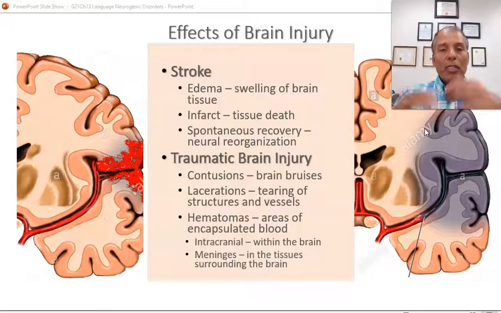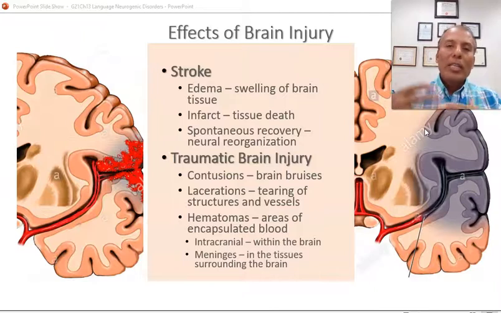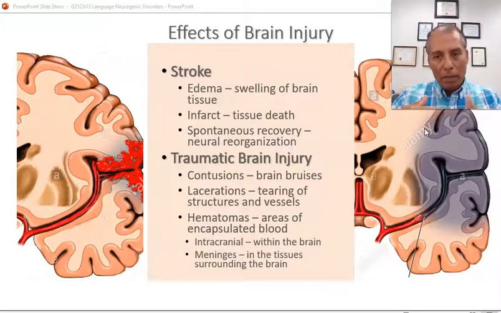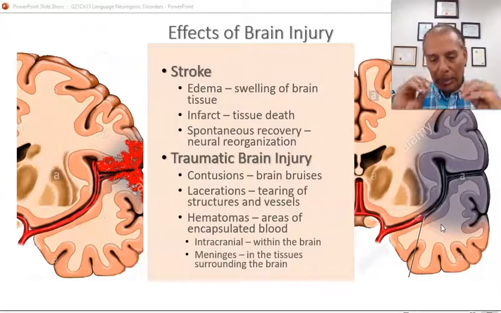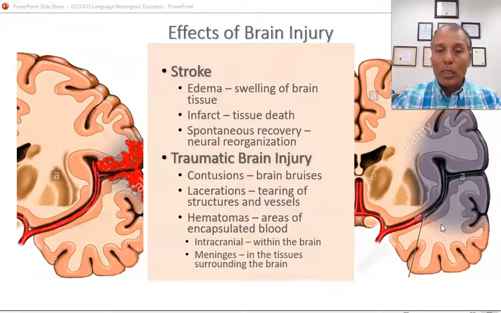So spontaneous recovery refers to the brain's ability to heal itself and to repair itself, to isolate the damaged area and to try to salvage as much as possible by the neurons getting information from the dying ones.